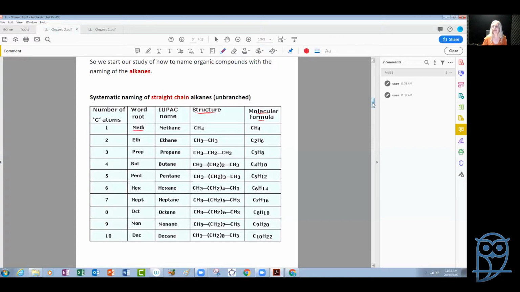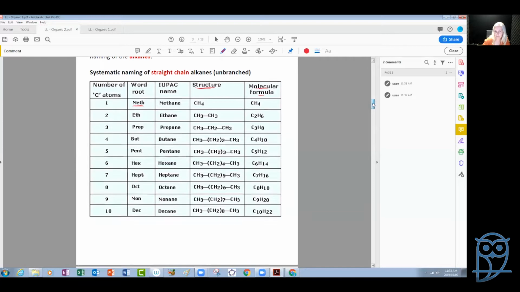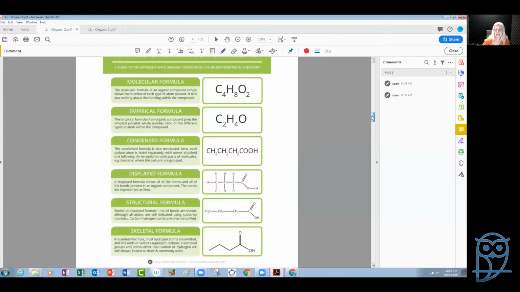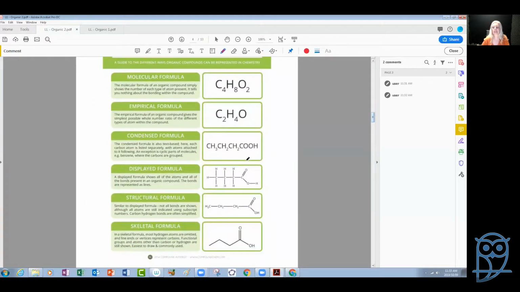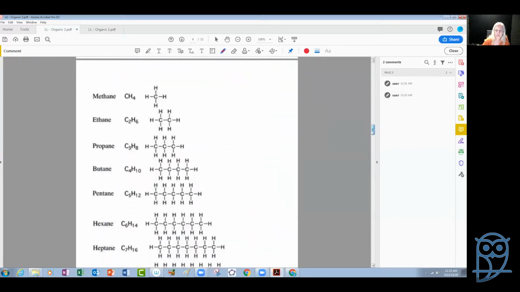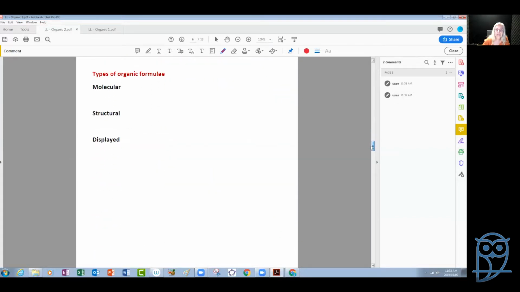So let us see three main types of formulae for organic compounds, which will be very useful for us. But they're not only three, there are more than three. For example, here in this part, there are all sorts of different types to represent a compound, but we're not going to talk about all of them now. Let us begin today's lesson with these types of formulae that I want us to know for starters at least.